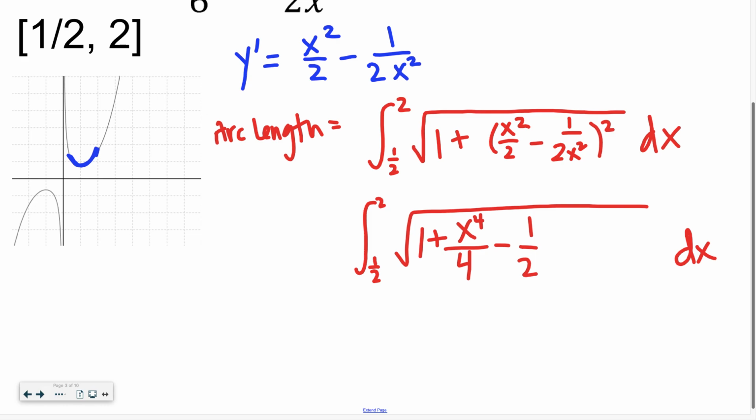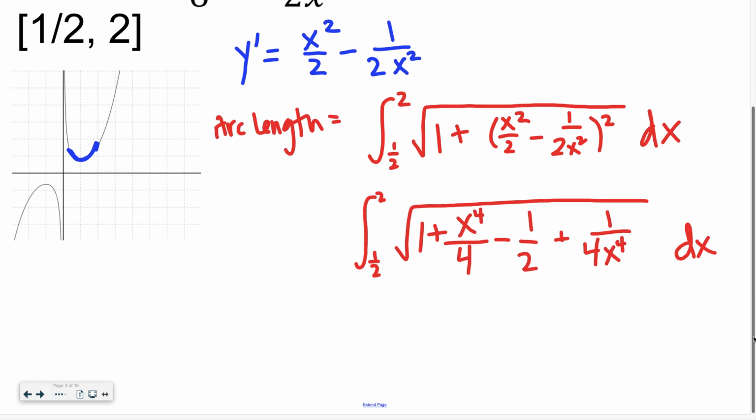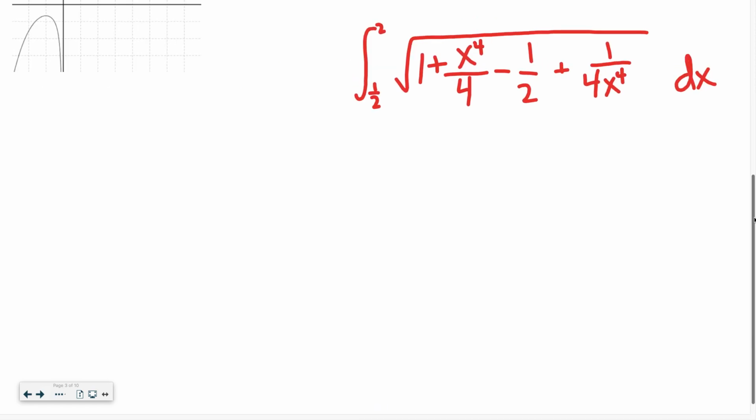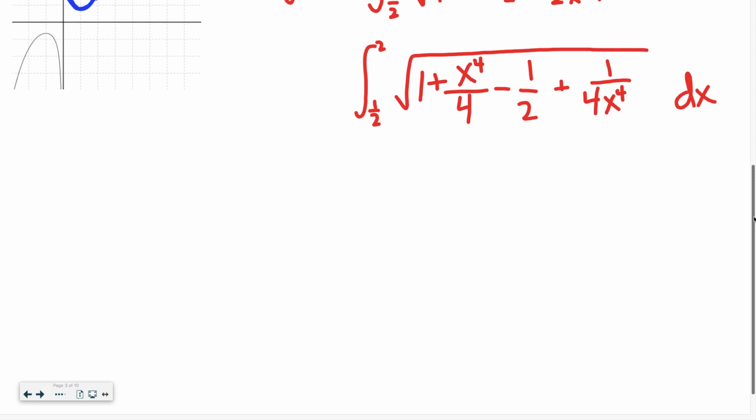And then b squared. Okay. Now, we can combine like terms, because we have a 1 and a negative 1/2.